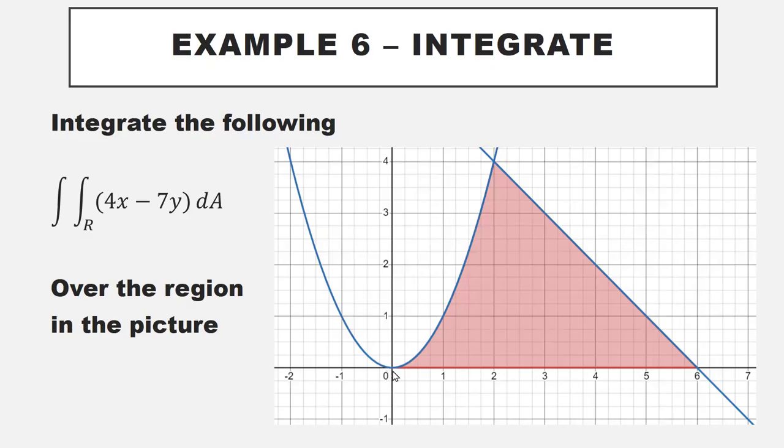I can go from x value from 0 to 2, and then my y value is going to go from y equals 0, which is the x-axis, up to the parabola. Now this parabola is y equals x squared. That's pretty obvious because it's a parabola going through 0, 0, and 1, 1, and 2, 4. Hopefully that's pretty obvious. So that's y equals x squared.